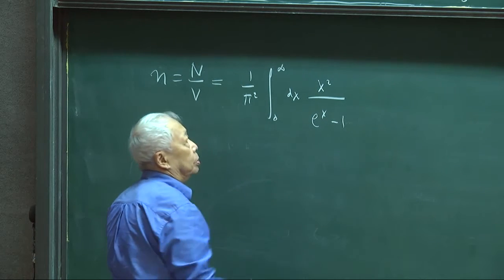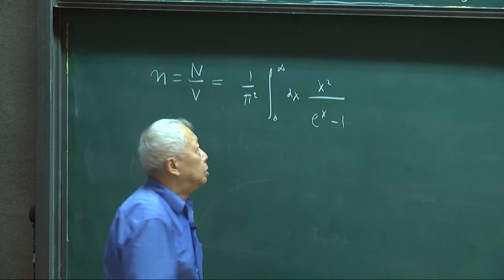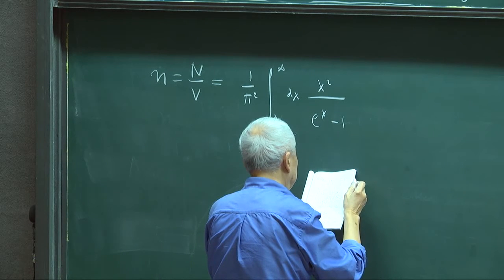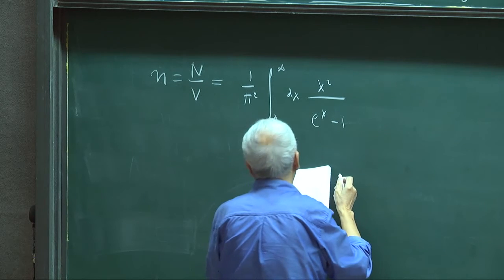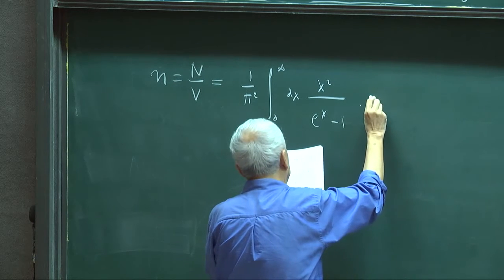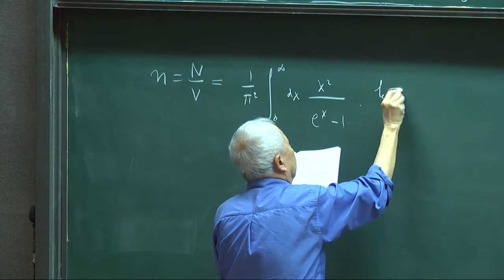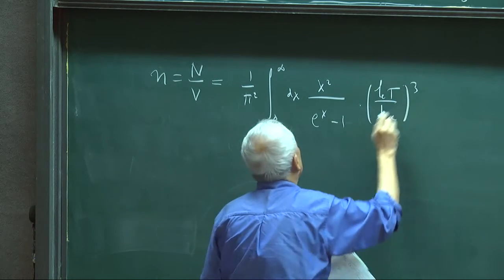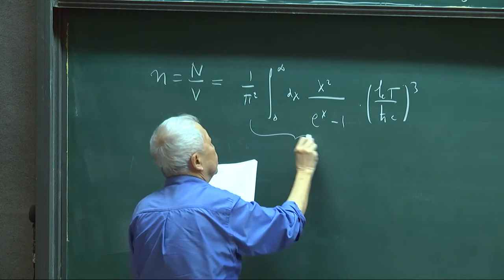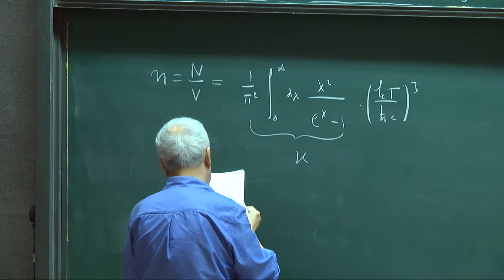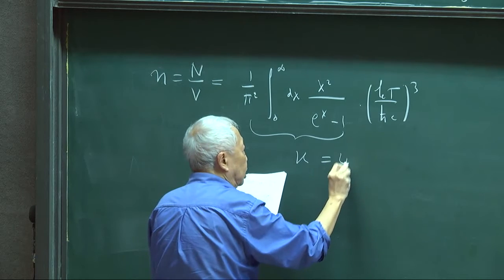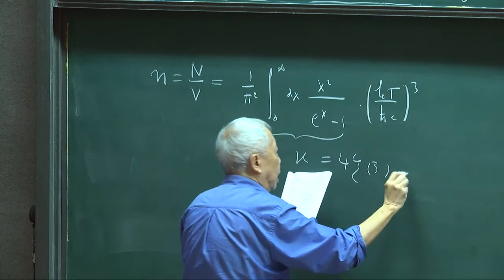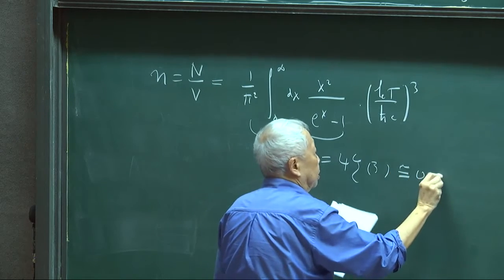This is just a pure number as an integral. You can do the integral. On this, times kT over h bar c cubed. And we call this whole thing, this pure number, kappa. And kappa is equal to 4 times the Riemann zeta function of 3, and is roughly equal to 0.23.